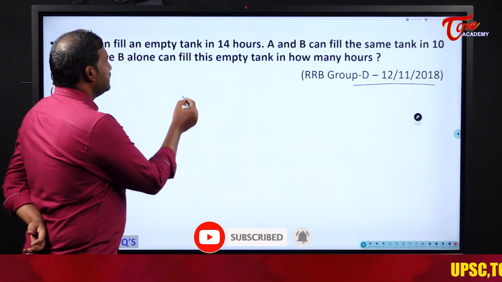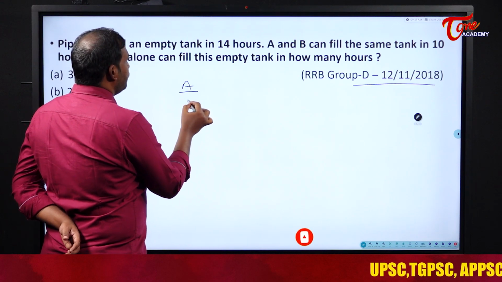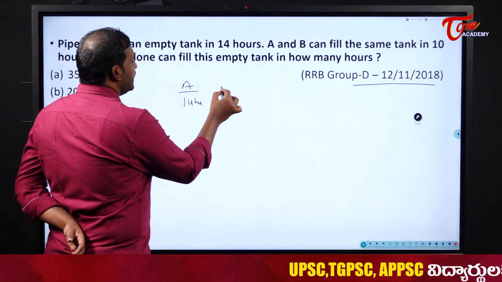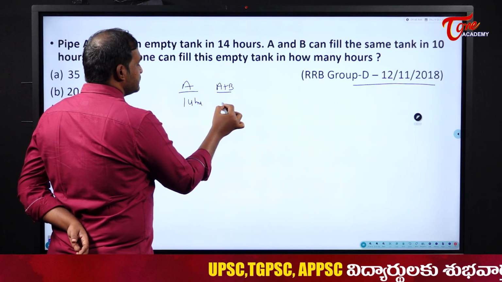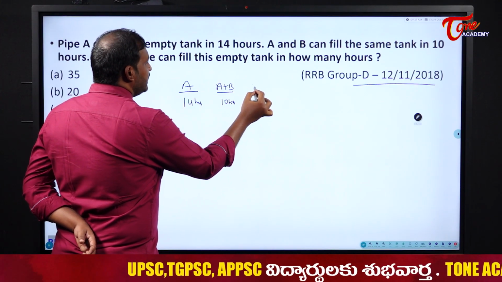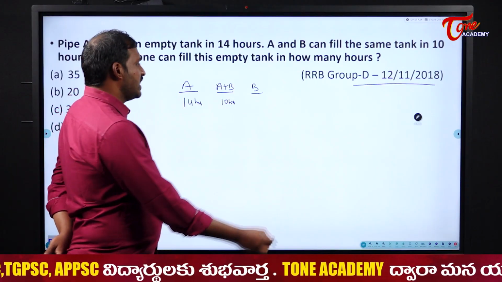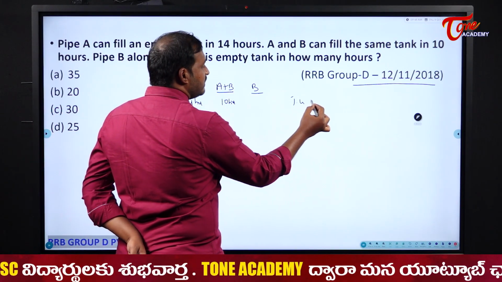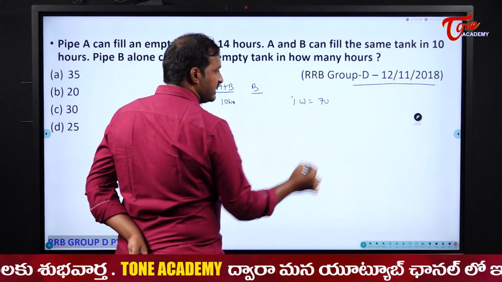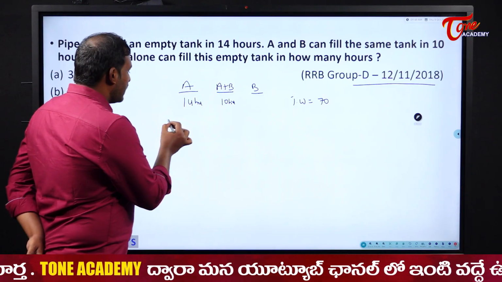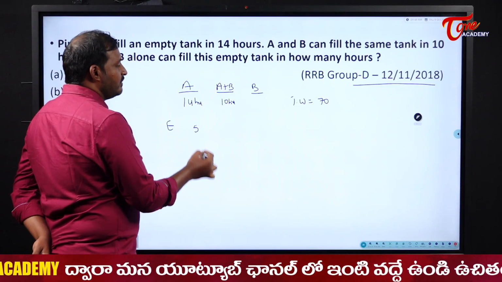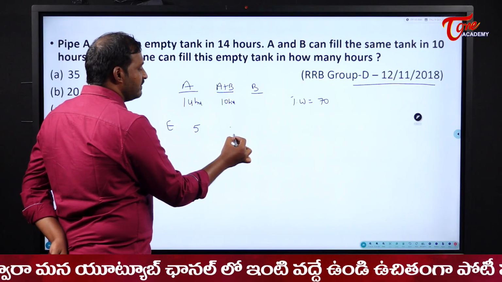Now see here, A can fill the tank in 14 hours. A and B can fill the tank in 10 hours. Then B can fill the empty tank in how many hours? As usual, total work, LCM of 14 and 10, will become 70. Efficiency of A will become 5, efficiency of A and B together will become 7.